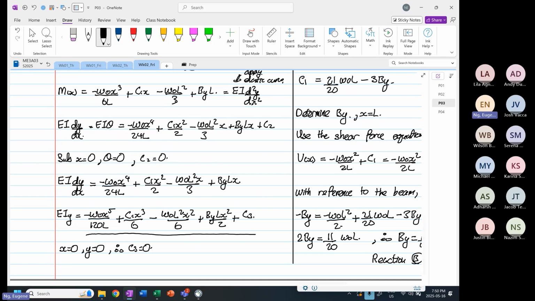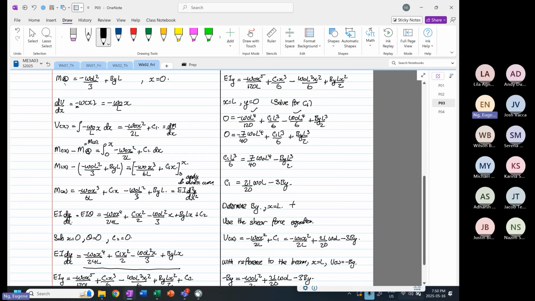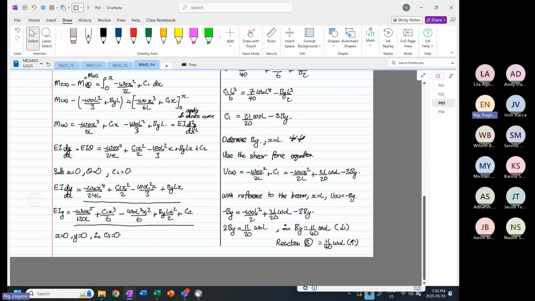How are we going to solve it? Don't worry about that. Keep on moving. Eventually, when you find the boundary condition, especially at this stage, it's critical. Now why this is minus again is because you're dealing with reference to the beam. You're not looking at the reaction.